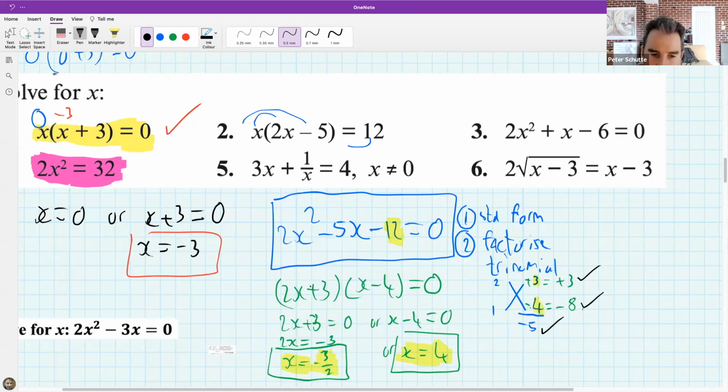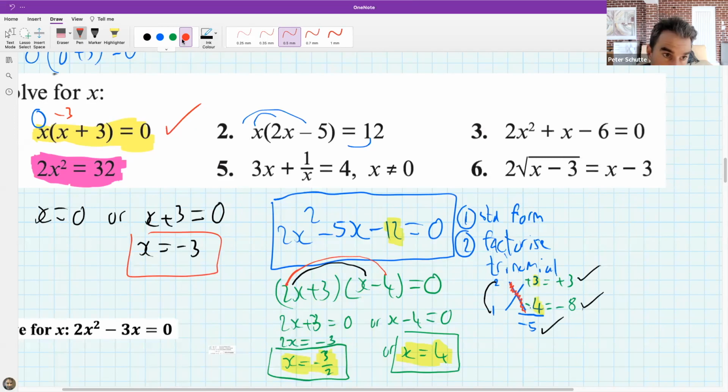Imagine 2x times x. That is just this bit times this bit. 2x times x is 2x squared. Next, 2x times minus 4 is this multiplication here.